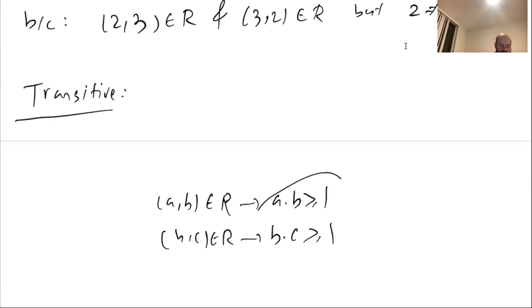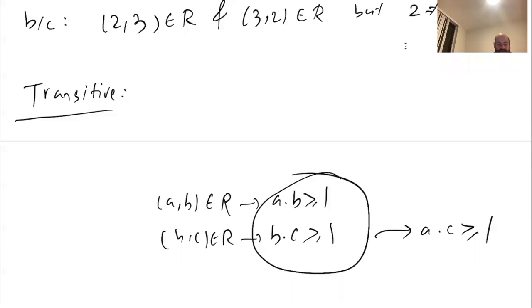So from these two together, can I conclude that A times C is bigger than 1? If A times B is bigger than 1, and B times C is bigger than 1 as well. And remember, A, B, and C are all integers. Can I conclude that A times C is also bigger than 1?